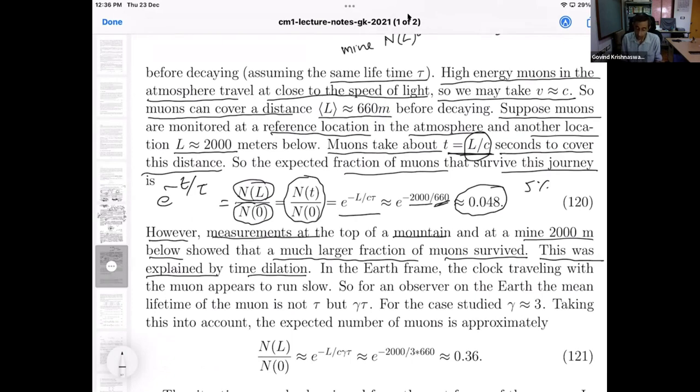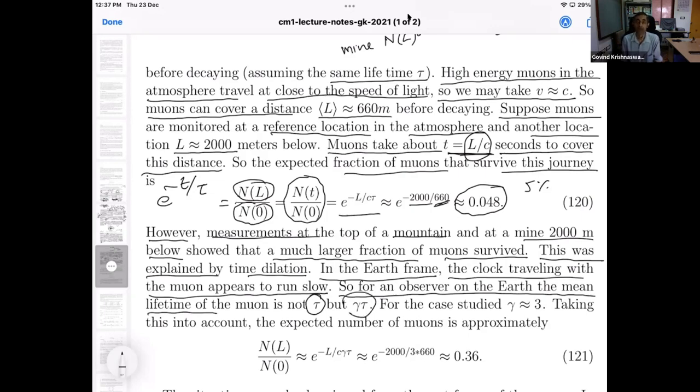In the Earth reference frame, the frame fixed on the Earth, the clock traveling with the muon appears to run slow. So the muon's body clock appears to run slow according to the earthbound observer. So for an observer on the Earth, the mean lifetime of the muon is not tau, 2.2 microseconds, but actually gamma tau.